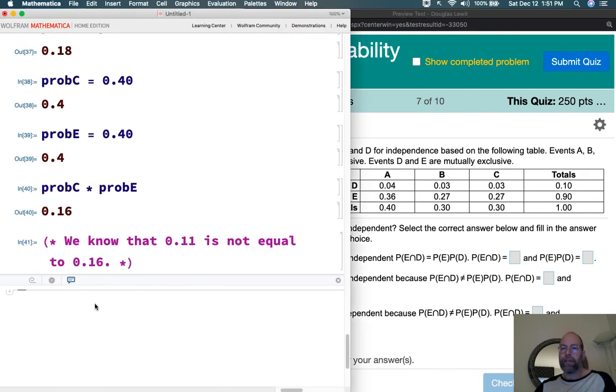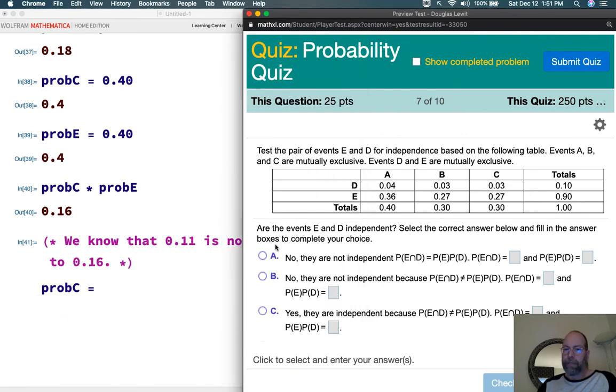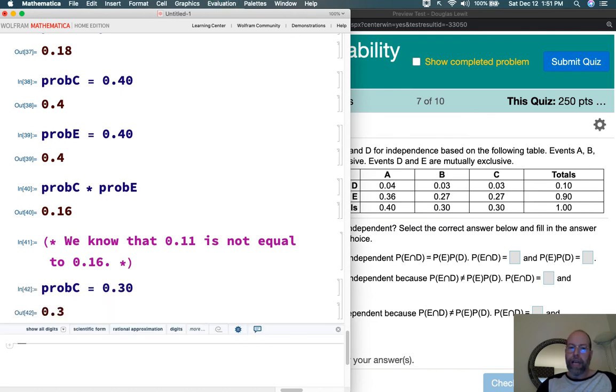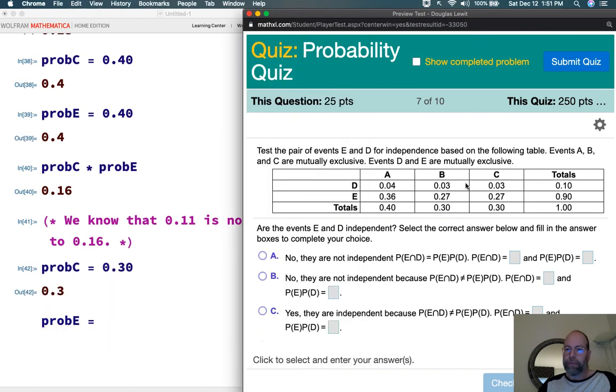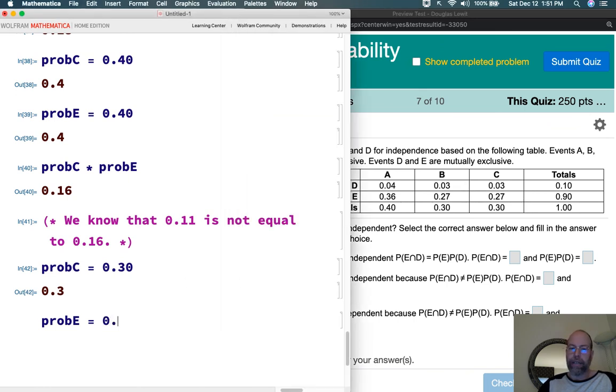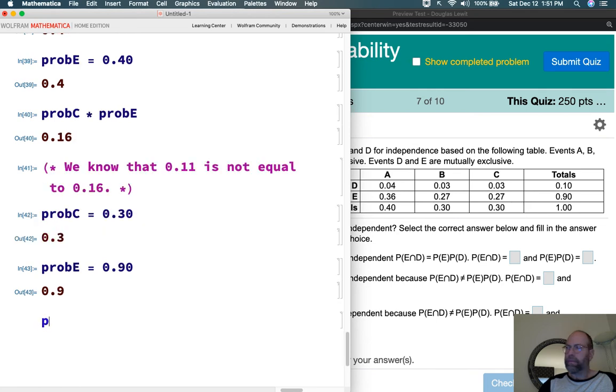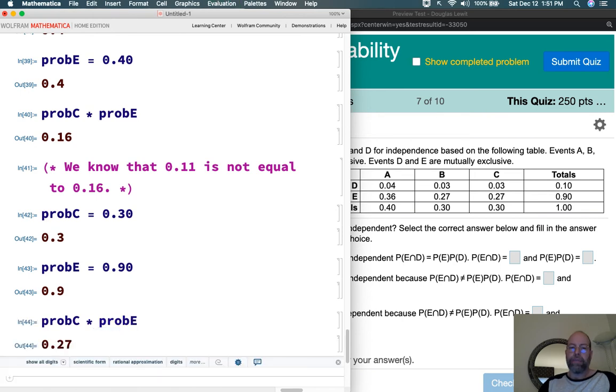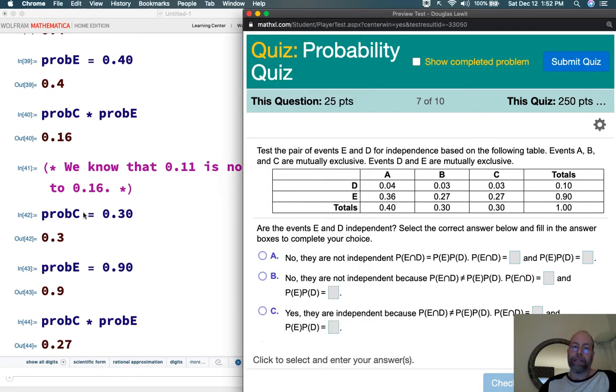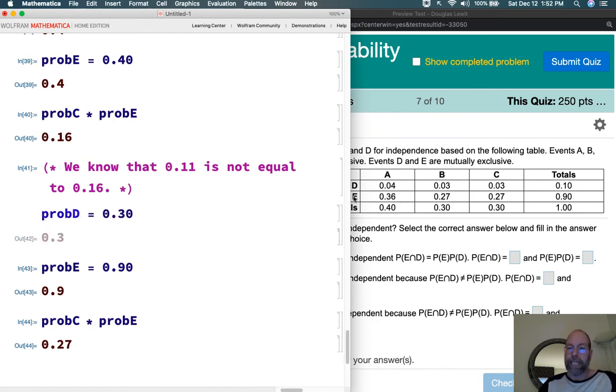The total probability for C is equal to 0.30, and the total probability for E is equal to 0.90. Probability of C times the probability of E is equal to 0.27, but oh wait, I'm sorry, we're doing the probability of D. Sorry, I made a little mistake here.